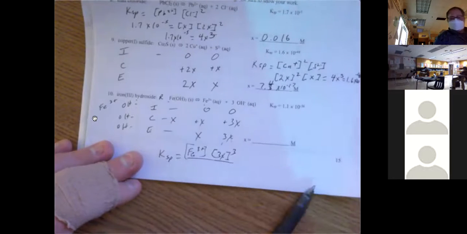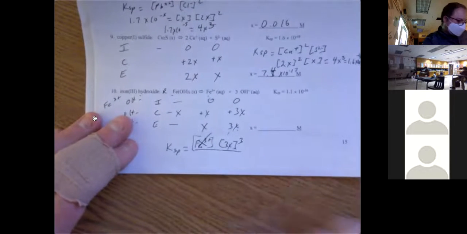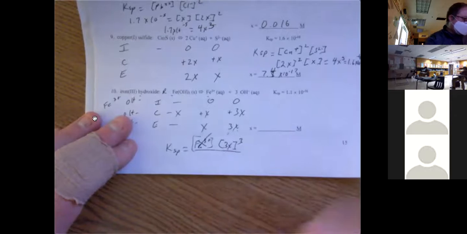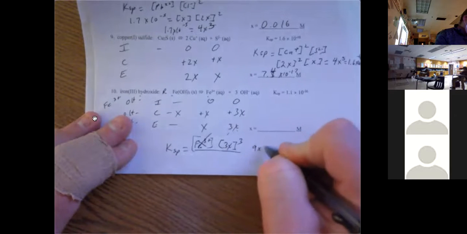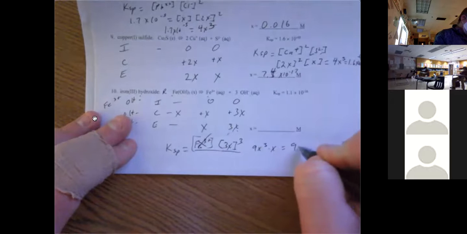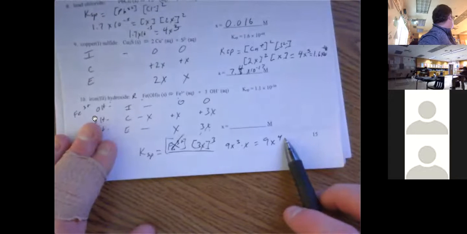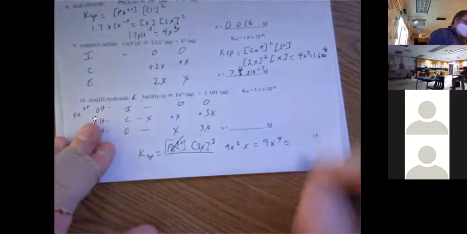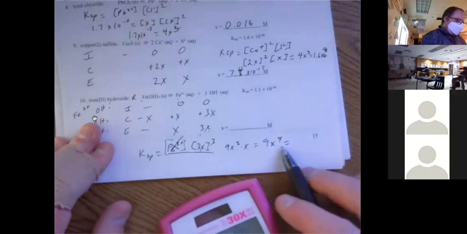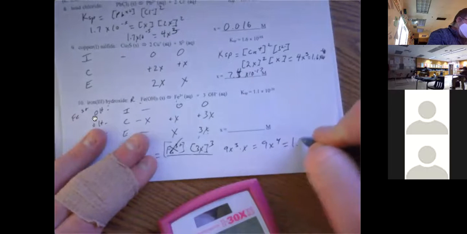Well, I want to write this as just x instead of Fe 3 plus. What is 3x cubed? That becomes 9x cubed times x, which becomes 9x to the 4th. Remember that it's up to you guys to check my math on this because you're much better at math than me. Is that right, math guys? Yeah, good. And so we have 9x to the 4th equals 1.1 times 10 to the negative 36.